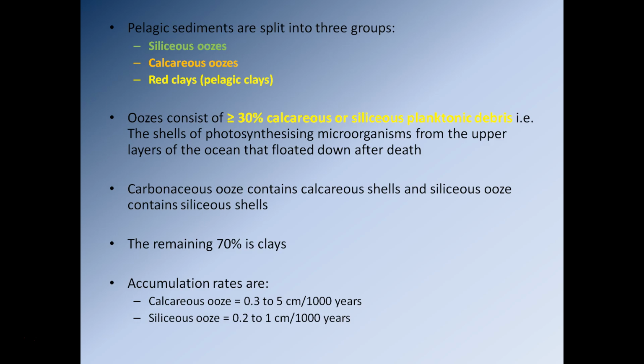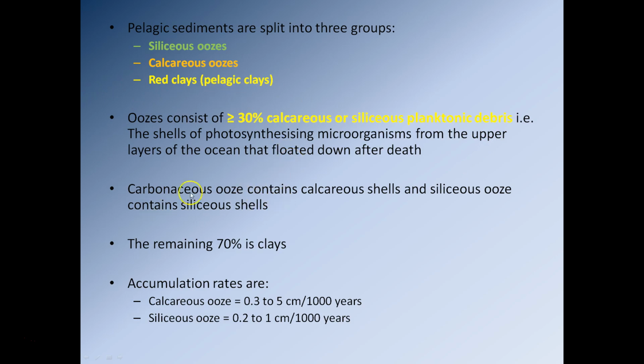So in areas where we have sufficient calcareous or siliceous shelled planktonic organisms to deposit enough material, their shells will become incorporated into the deep sea sediments in sufficient quantities to achieve a level of greater than or equal to 30% of the total sediment, in which case it will be classified as an ooze. If you have less than 30% of the total sediment made up of planktonic debris, these planktonic shells, then it will simply be classified as a red clay or a pelagic clay.